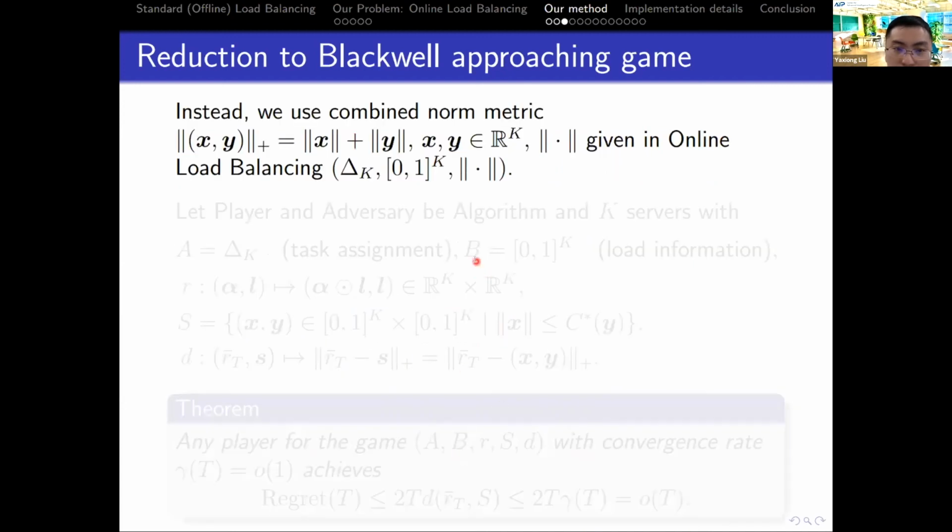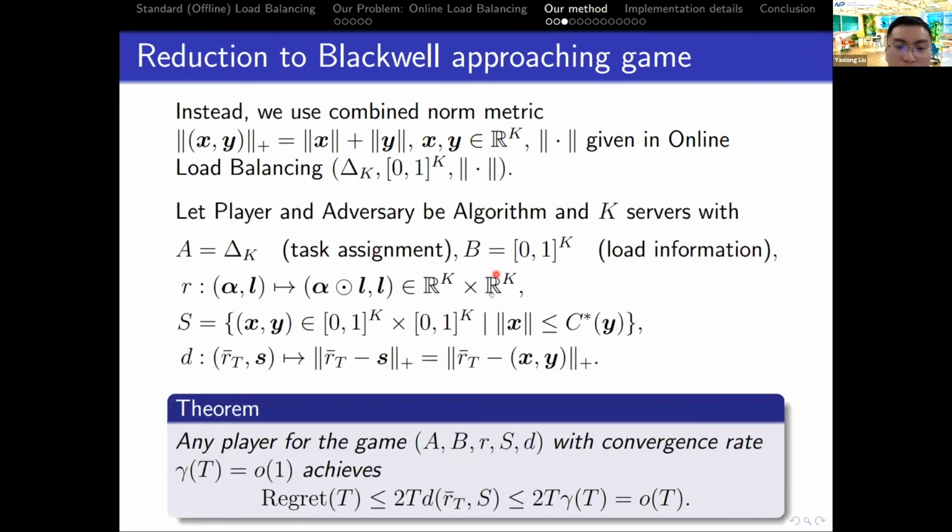We just use a new norm metric, which we call the combined norm, in online load balancing. So the reduction is similar.